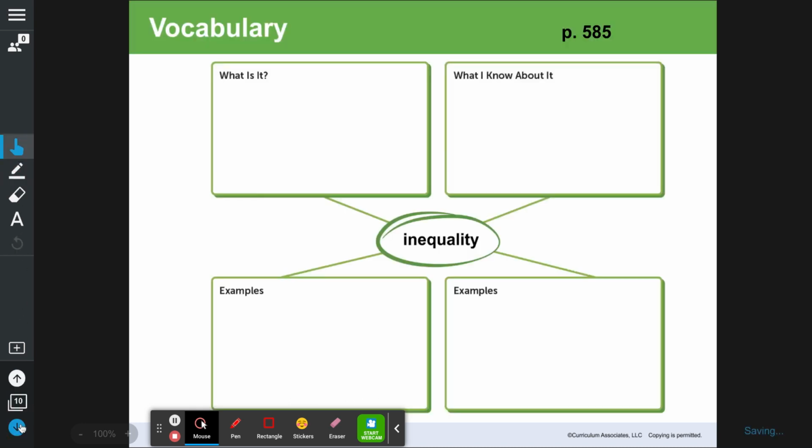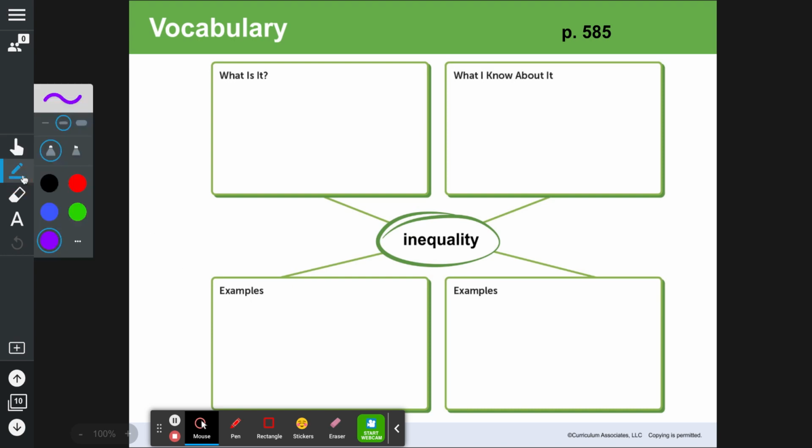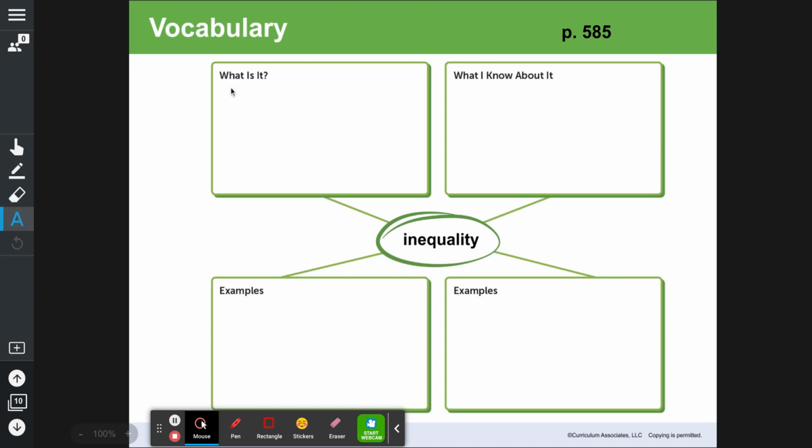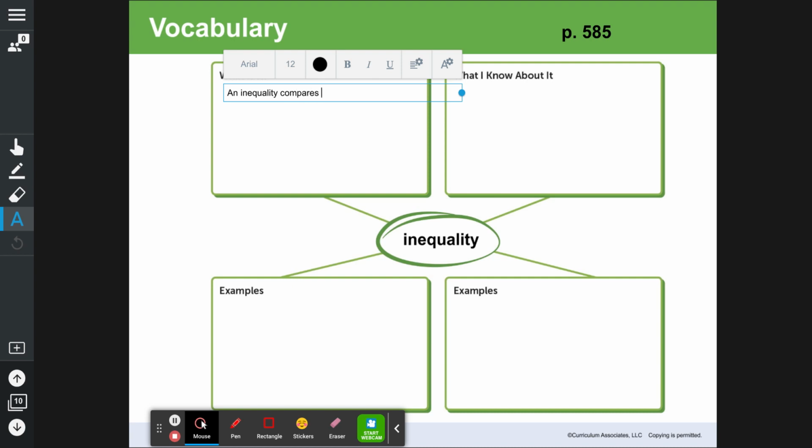Okay, so now let's look at our graphic organizer on page 585. We have our key vocabulary word here in the middle, inequality. Okay, so when I'm trying to figure out what does that word actually mean, what is it? Okay, so an inequality compares values.